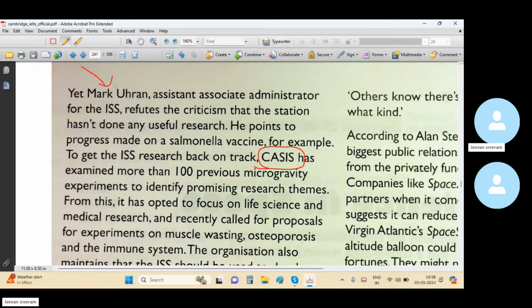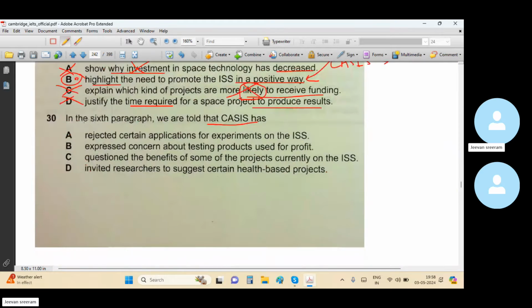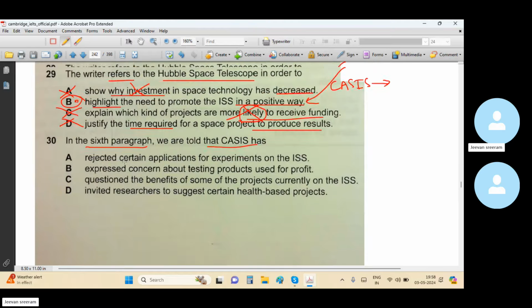Right, Mark Uhran. Let me check the question more clearly. It has clearly been given in the sixth paragraph. The paragraph I have just shown is the sixth paragraph.